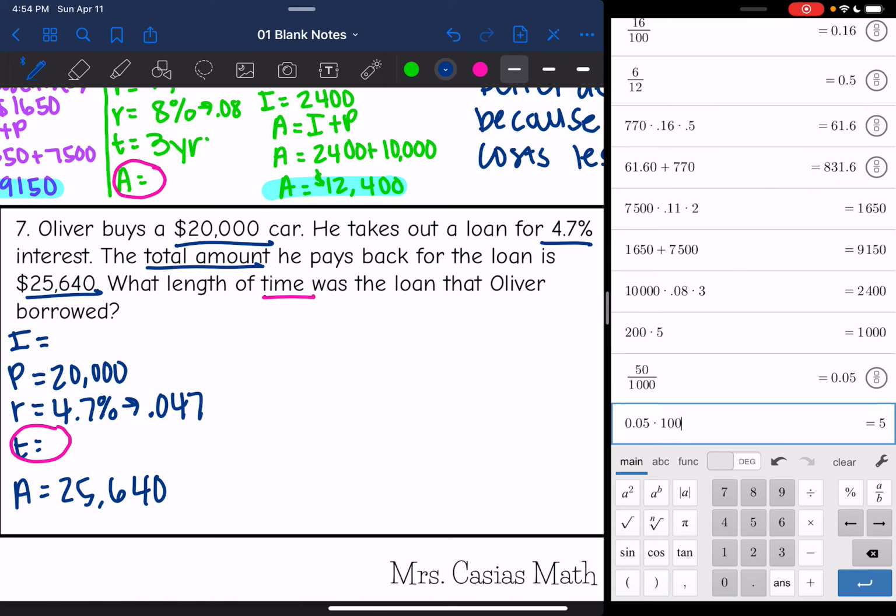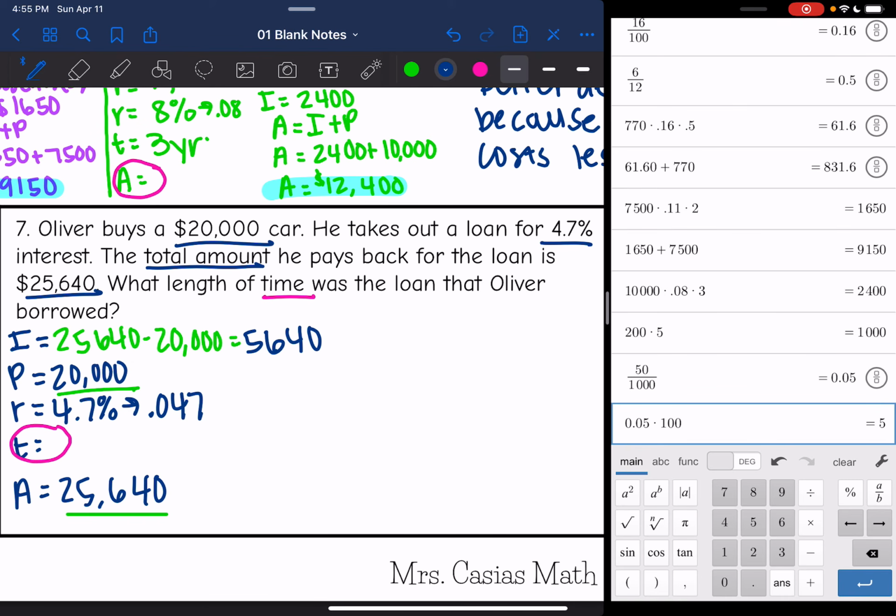So remember, interest is the extra on the principal. So to find the interest, I can take the total amount and subtract out the principal, and that will tell me the interest. So the interest will be whatever 25,640 minus 20,000 is. And that is $5,640.